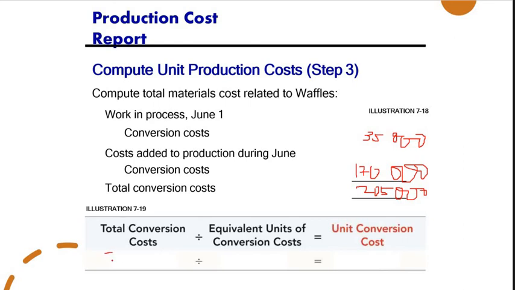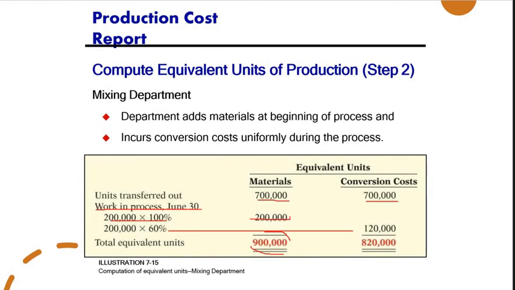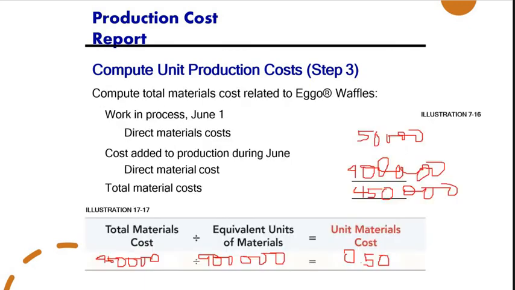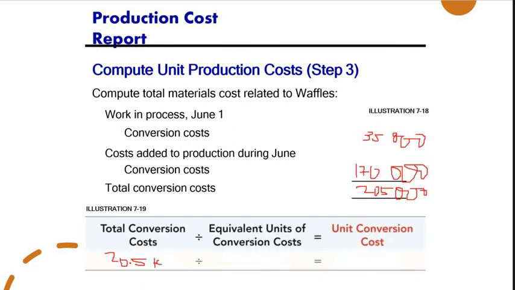Okay? So, ang ating total conversion cost is 205,000, divided by the equivalent units of conversion cost. Magkano yung conversion cost natin? 820. O 820,000. So, 205 divided by 820,000.